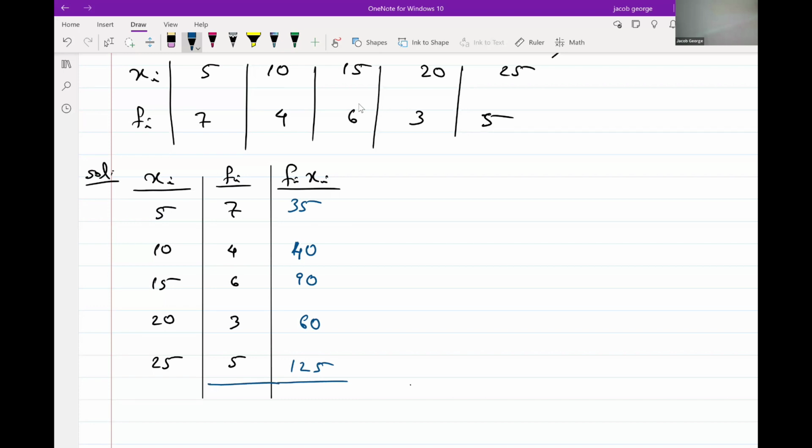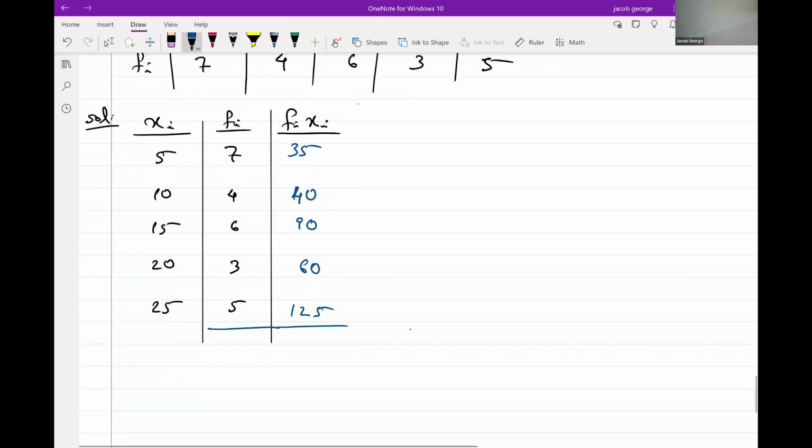You will add these two columns, sigma Fi and sigma Fi Xi. So please add and tell me how much you got. What is sigma Fi first? 25. Then you will add sigma Fi Xi. 350.